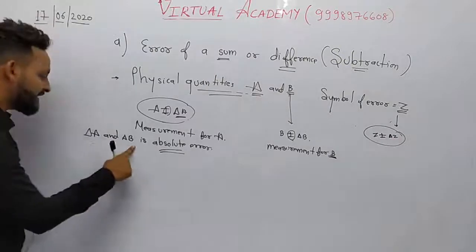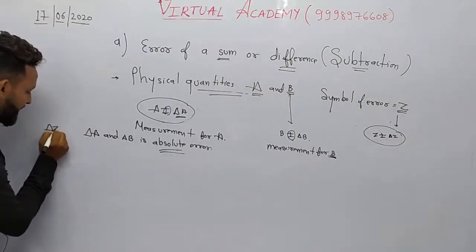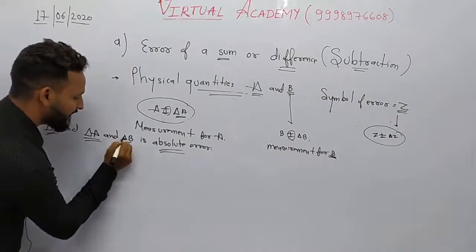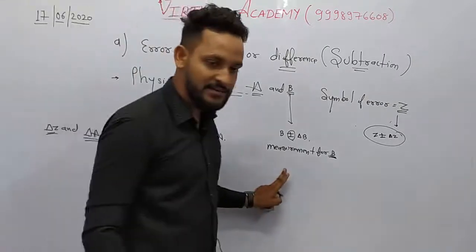So delta A, delta B, delta Z: delta indicates the absolute error. Clear, student?